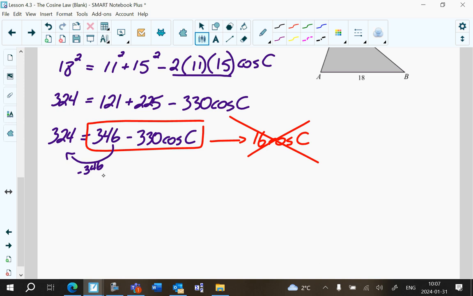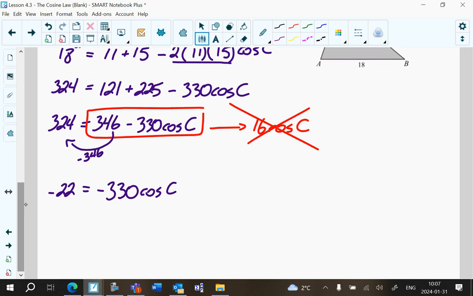I should get negative 22 equals, and what's on the right-hand side? Negative 330 cos C. Now divide. What do we divide by? I want to get rid of this negative 330. Divide by negative 330.